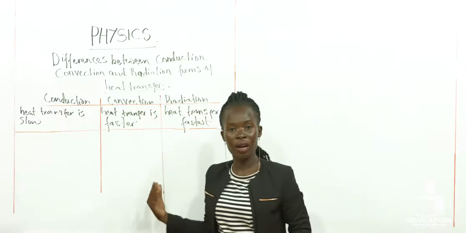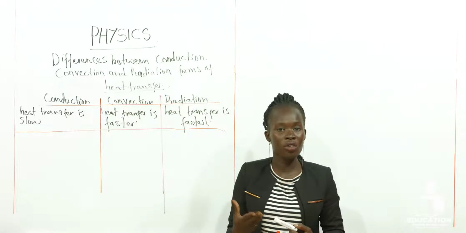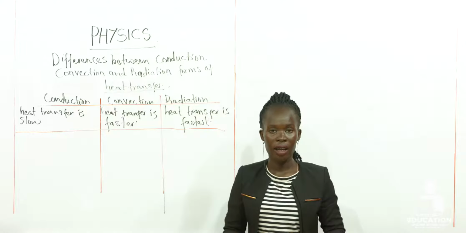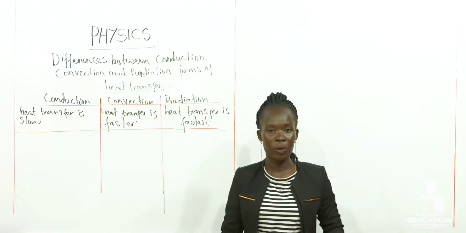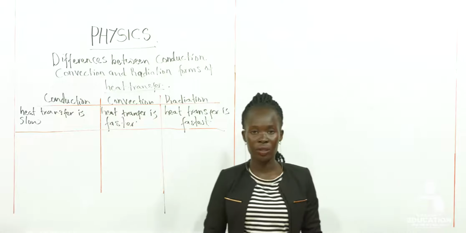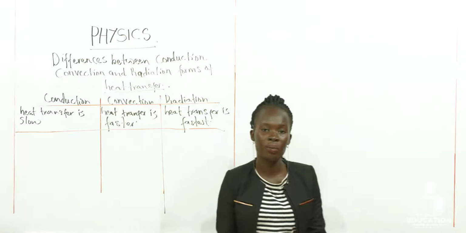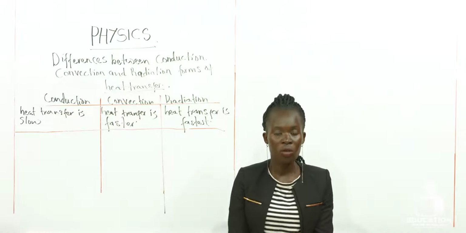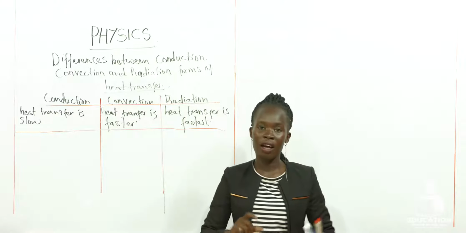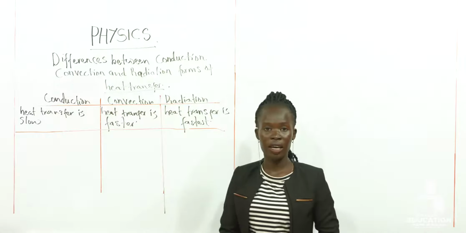But convection is a form of heat transfer that occurs in fluids, meaning the liquids and the gases. So what about radiation? Radiation occurs through electromagnetic waves. So that gives us the differences between the three forms of heat transfer.